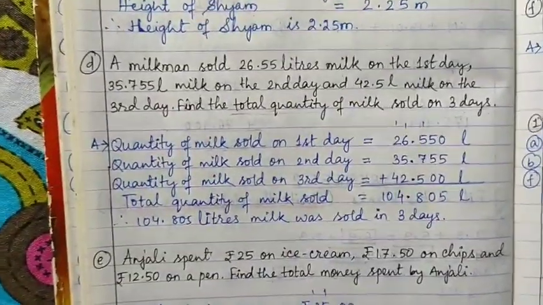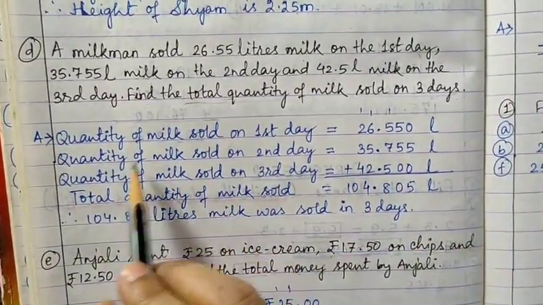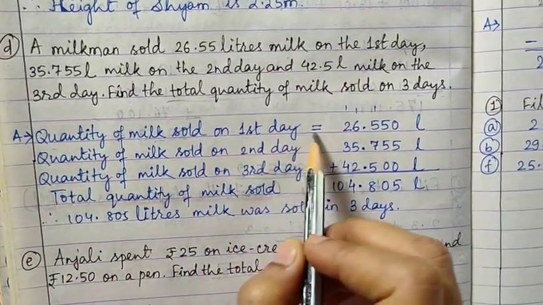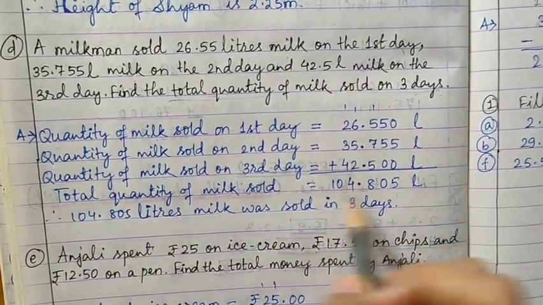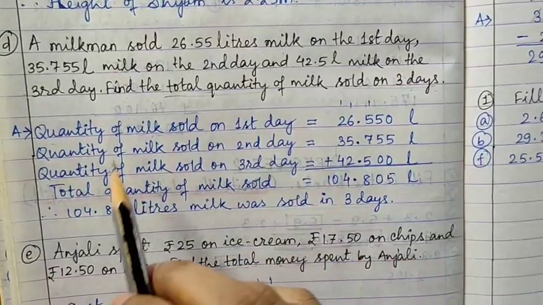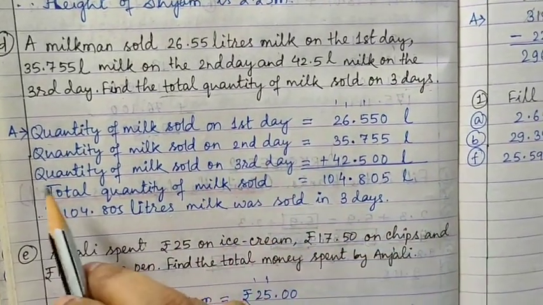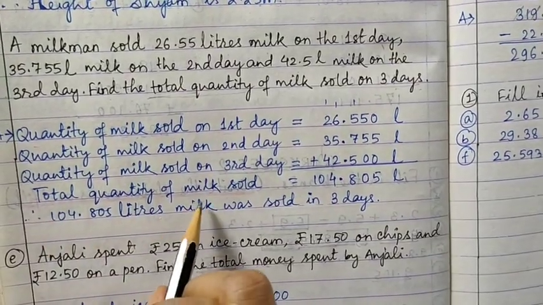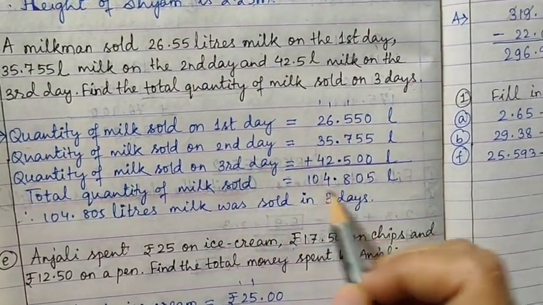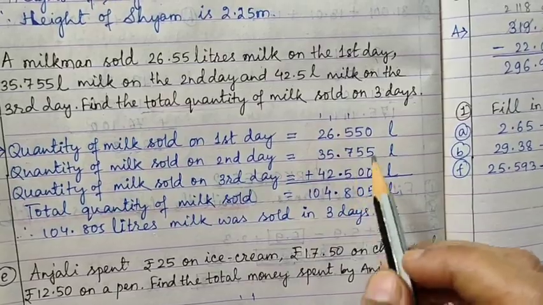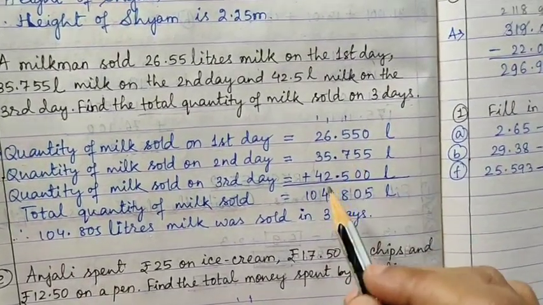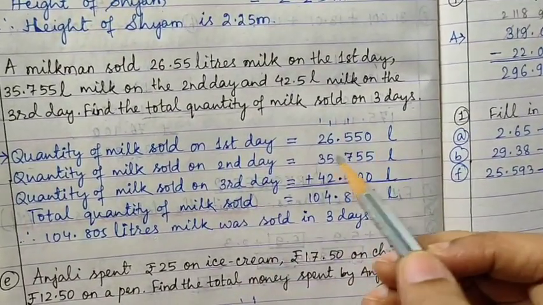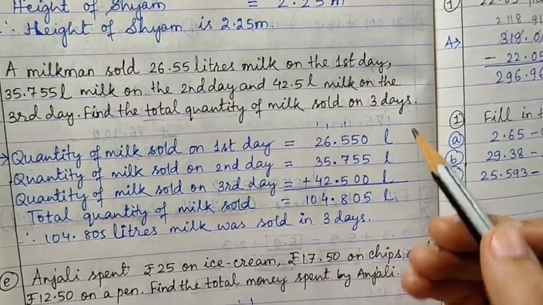So you write the statements as quantity of milk sold on first day, quantity of milk sold on second day, quantity of milk sold on third day, and the fourth statement is total quantity of milk sold. Here when you arrange these decimal numbers in columns, you have to convert them into like decimals.